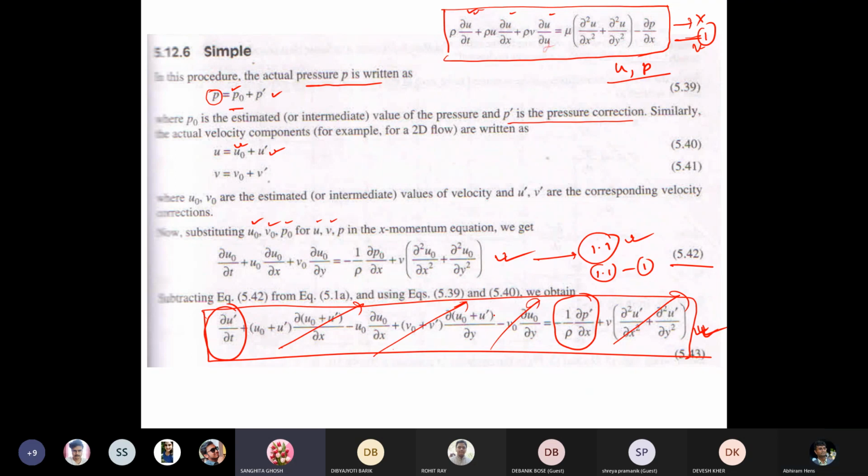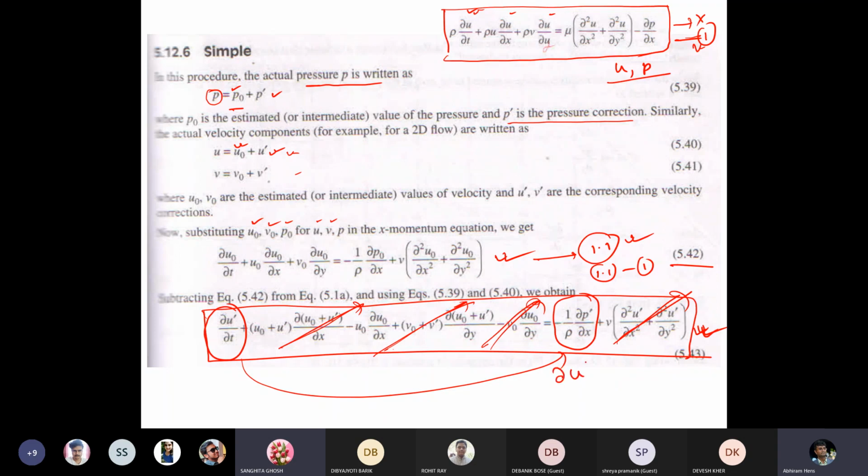So subtract, and you can use these two equations, and you finally get this part. Then you neglect all these terms and only keep this term, this equal to this. This is del t of the velocity correction, which can be equated to del x of the pressure correction. You see, u dot and p dot are the correction terms.